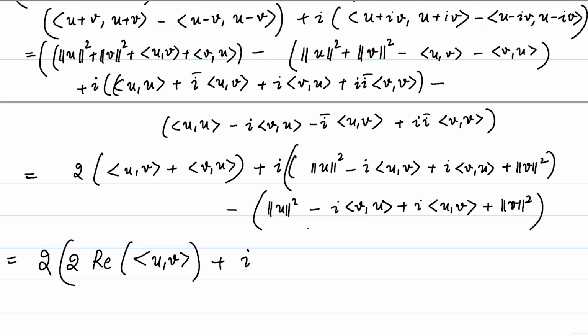And how about this? This is I times, the situation is quite similar. This is just going to be equal to 2 times, maybe I can take I also out, and there will be an inner product of v comma u minus u comma v. Okay, so that is good.